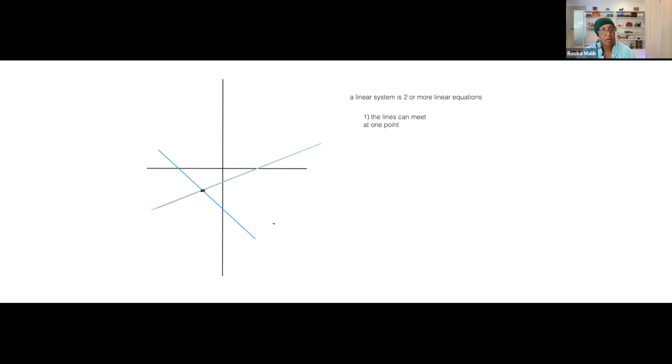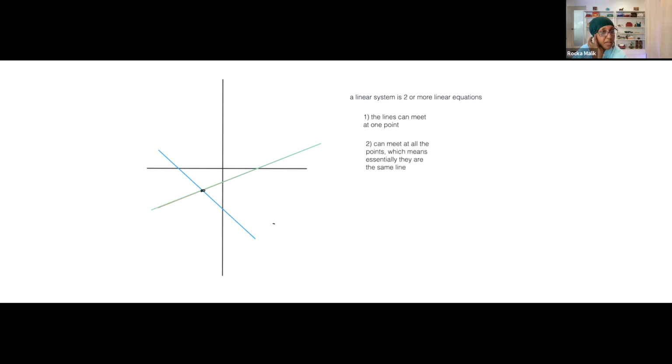Right? They're meeting at all the points, which means they're the same line. So they can meet at all the points, which means they're the same line. Okay.